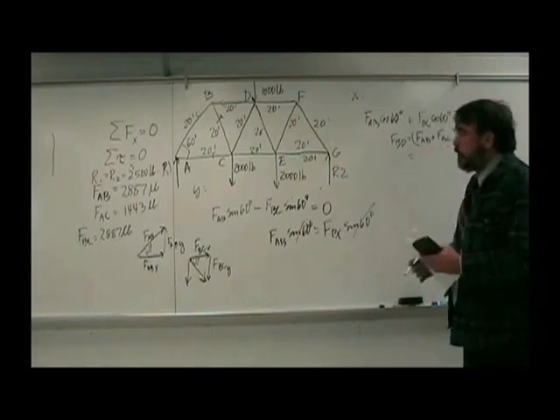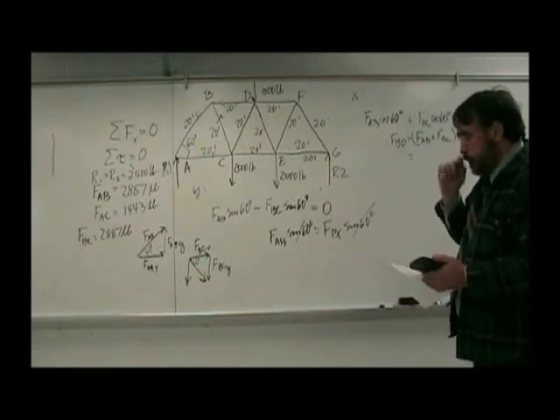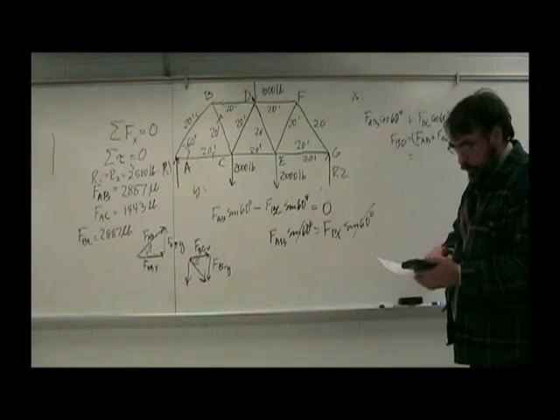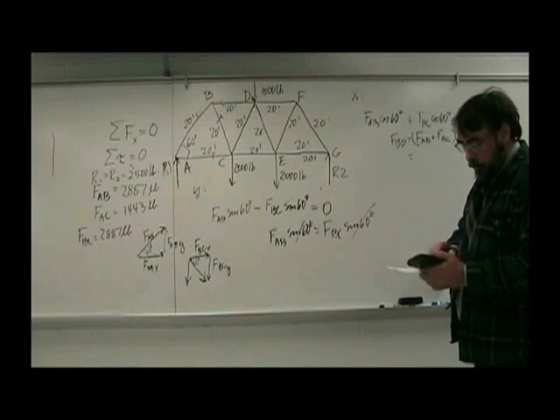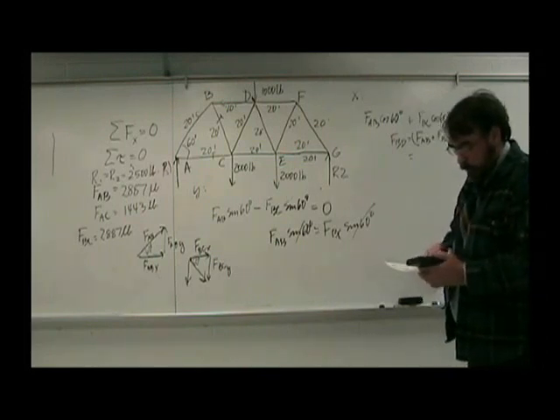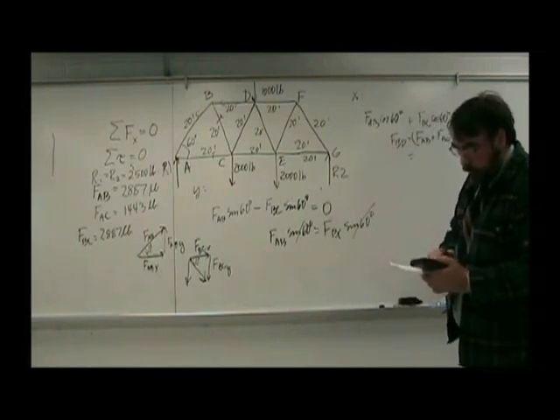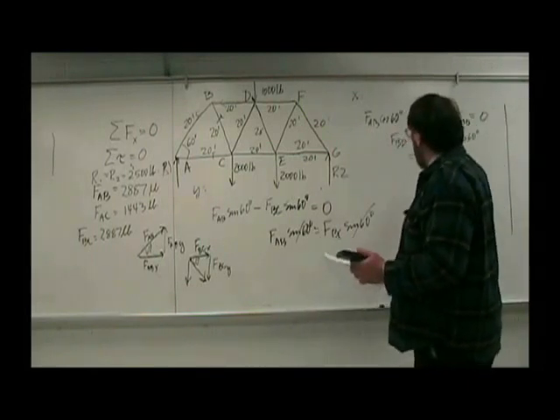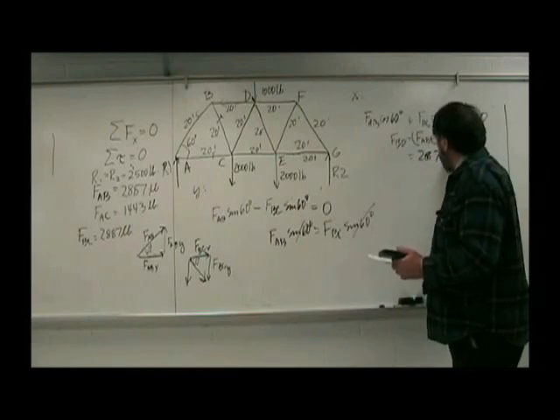and that's equal to 2 times A times cosine 60 degrees. Cosine 60 degrees is actually a half, so you're going to get 2887 again pounds.